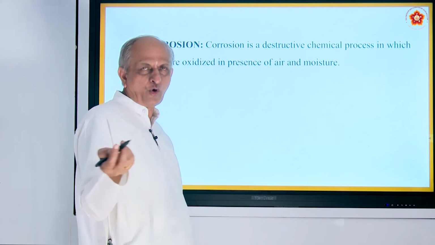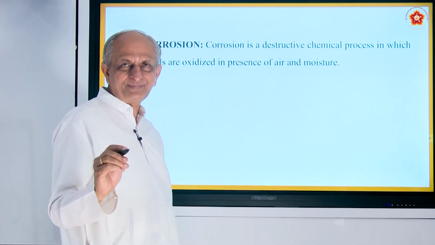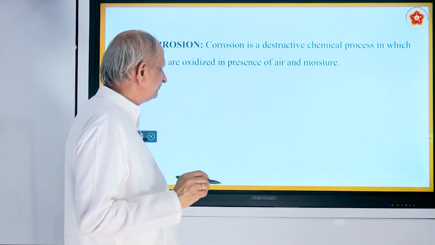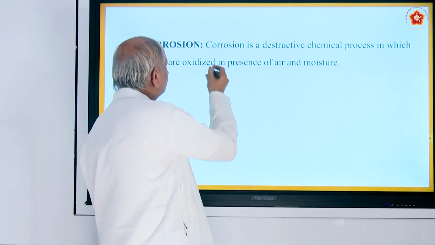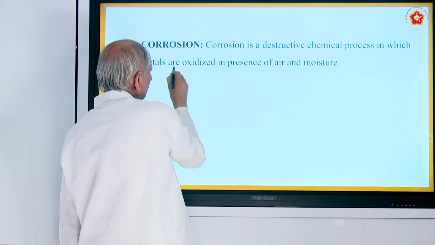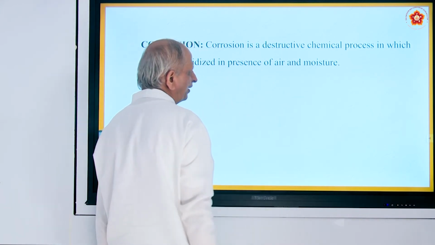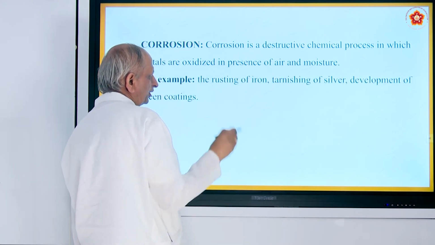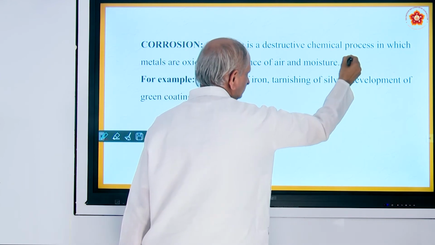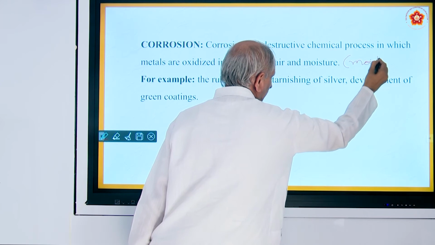You might have seen in a home also, the windows, the doors, many items, especially in rainy season, not in summer, because corrosion is a destructive chemical process in which metals are oxidized in presence of air and moisture. Not only air, the air must be moist air. Dry air will not do any corrosion.